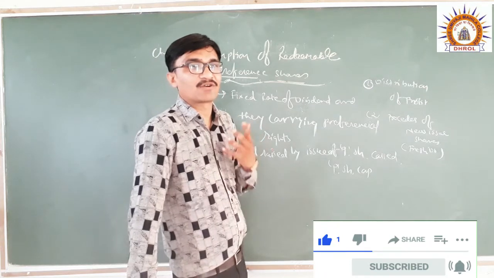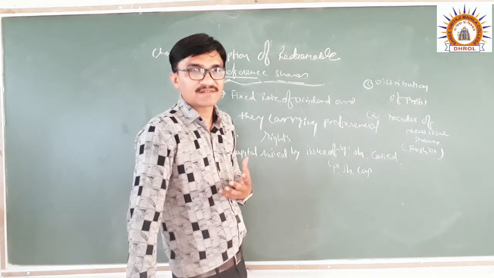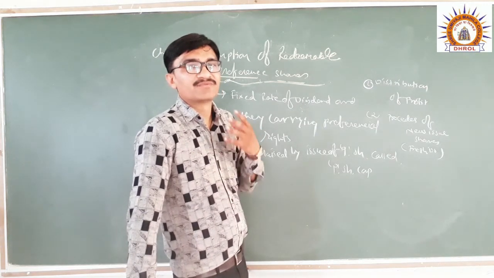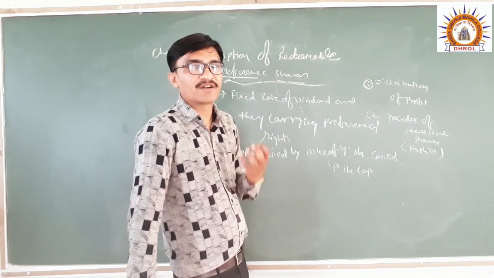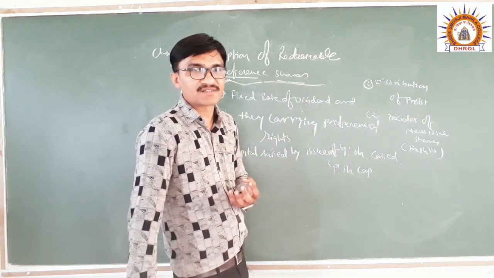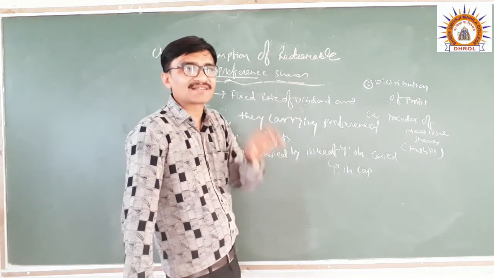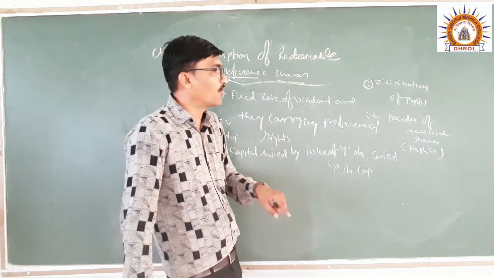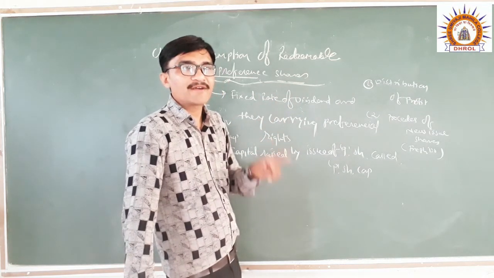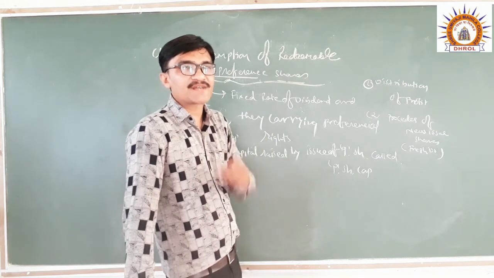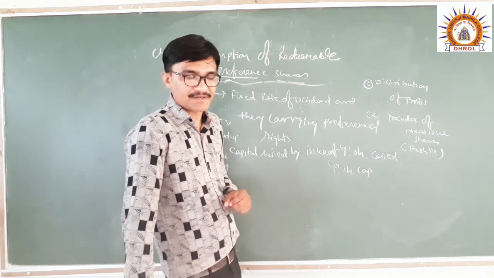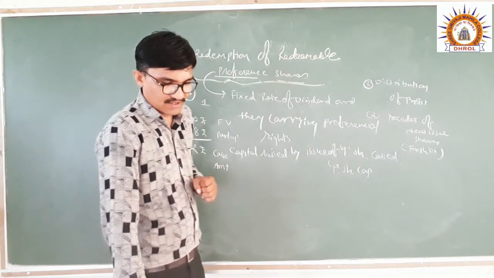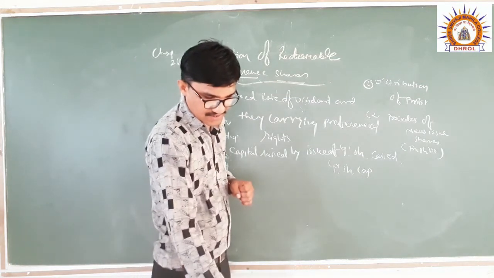Then the profit and loss credit balance, and all the free reserves, dividend equalization funds, right? These are all the reserves that are useful for payment back to the preference shareholders. So these are the provisions of the Companies Act, right?